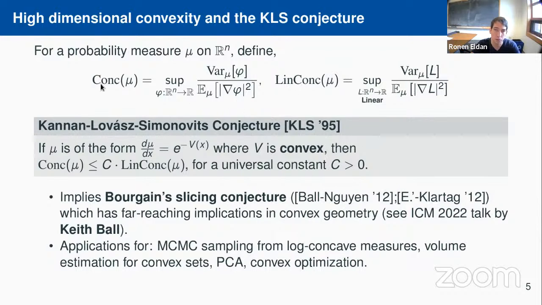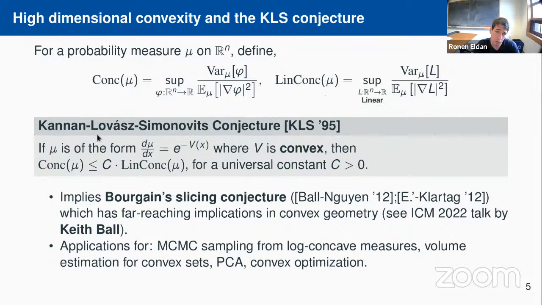And what we want to do is compare this with the linear concentration coefficient, which is exactly the same thing, only we're only able to take linear functions in the supremum.